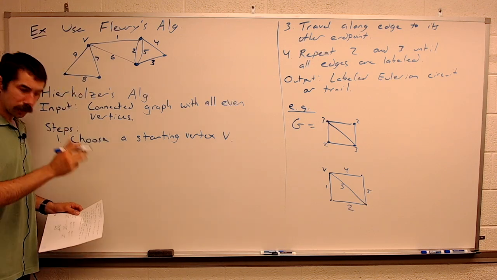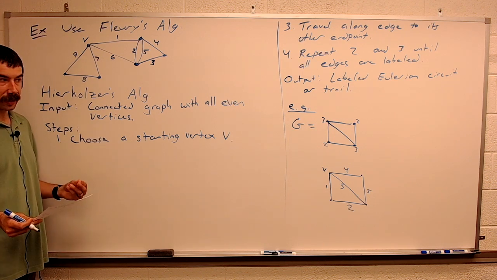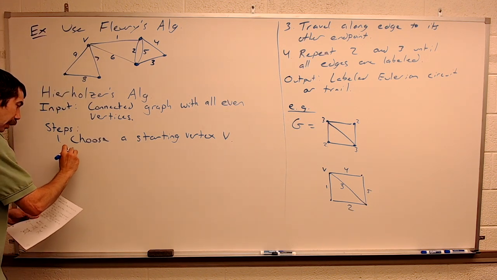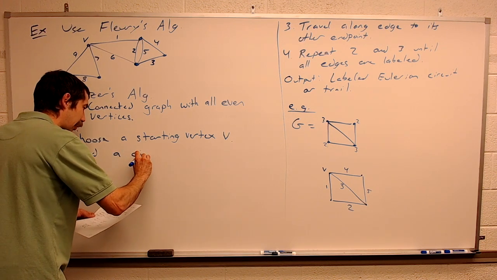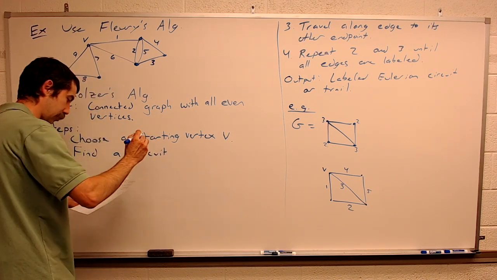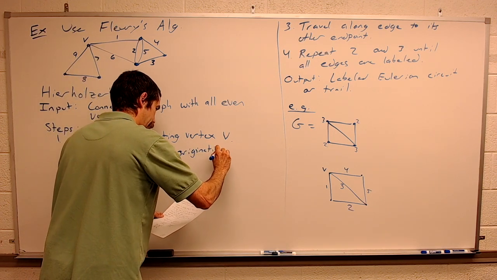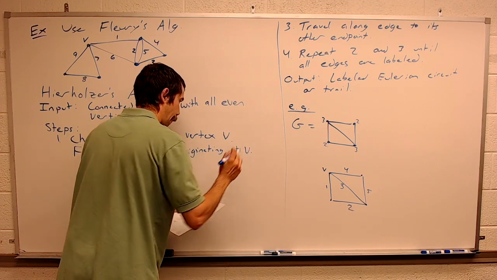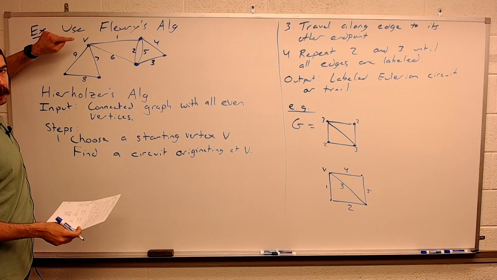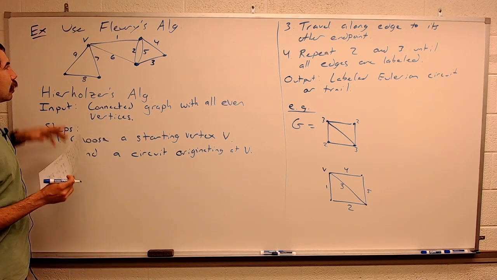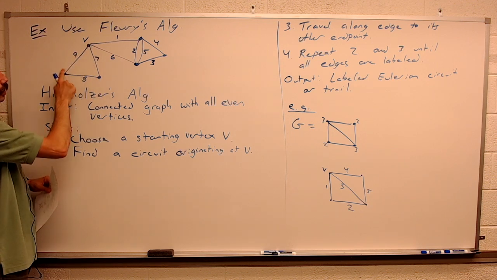And then we're also going to find a circuit out of V. It's not going to be an Eulerian circuit yet, but just any circuit out of V. Okay, so in our example here, which we're going to actually work through on the same graph in a second, if this was V, our first circuit could be this region down here.